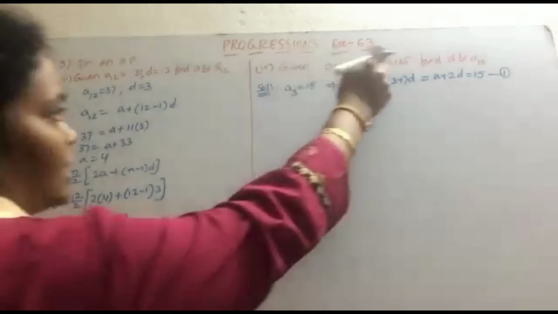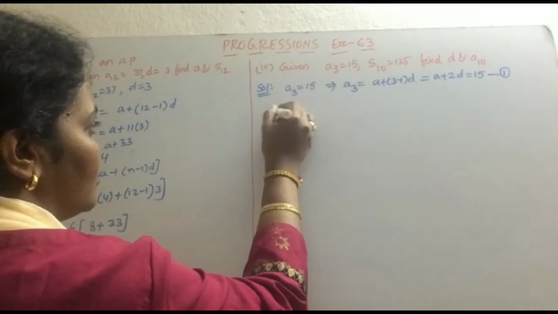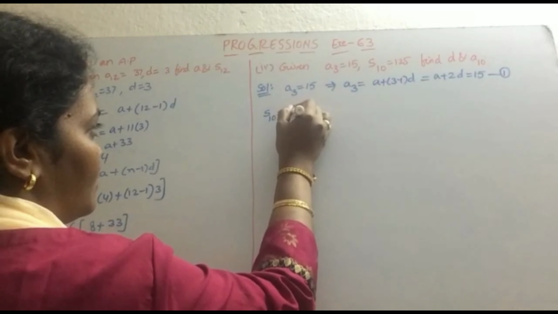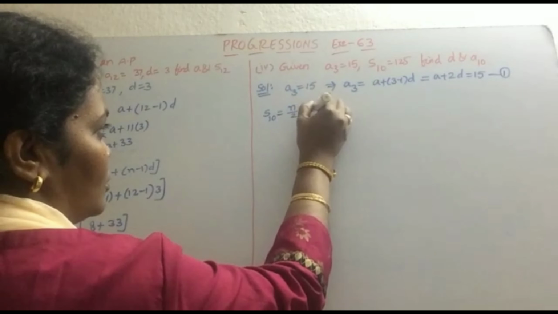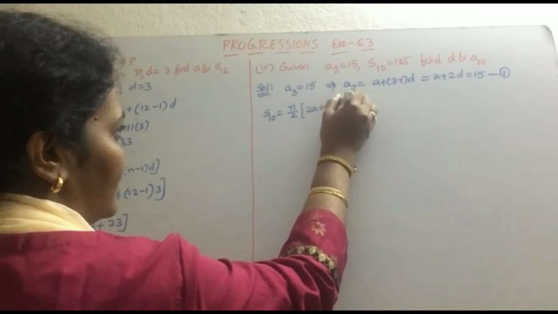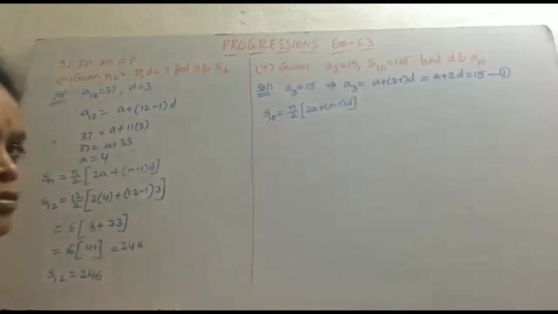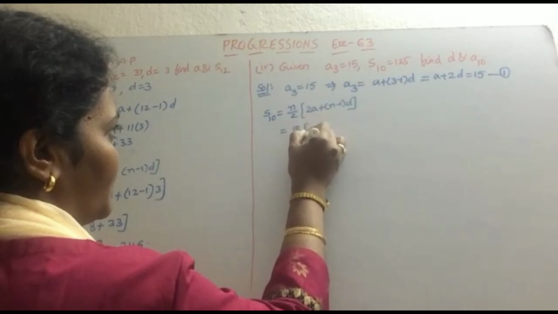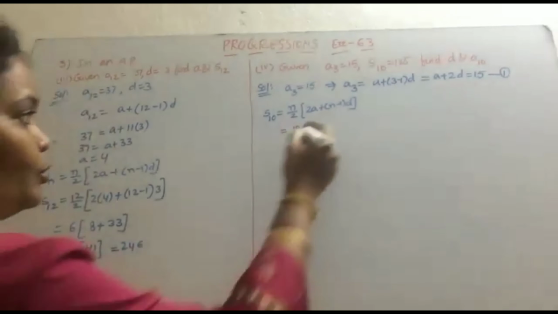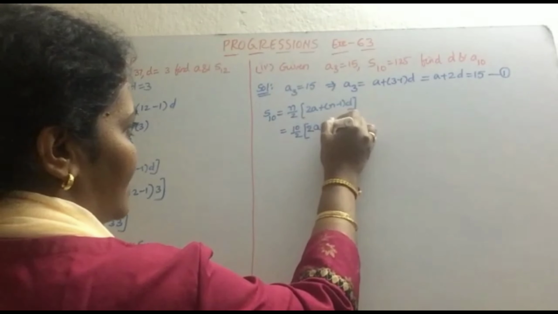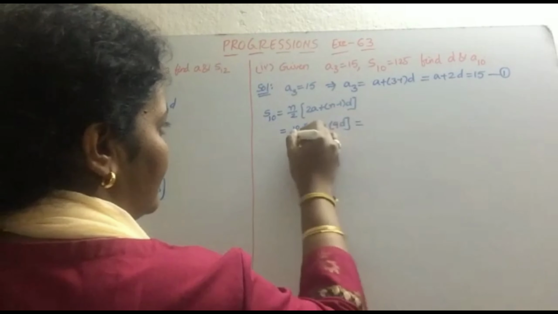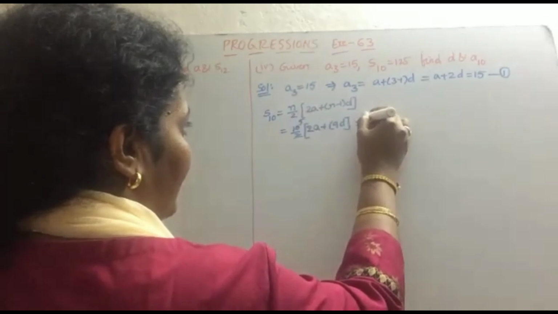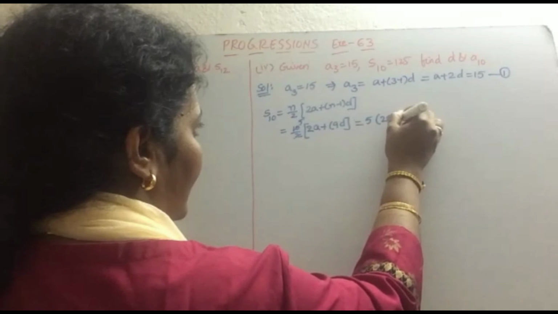And they gave S10. So Sn is equal to n by 2 into 2a plus n minus 1 into d. So here n is 10. So that means 10 by 2 into 2a plus 9d, that is equal to 5 into 2a plus 9d.